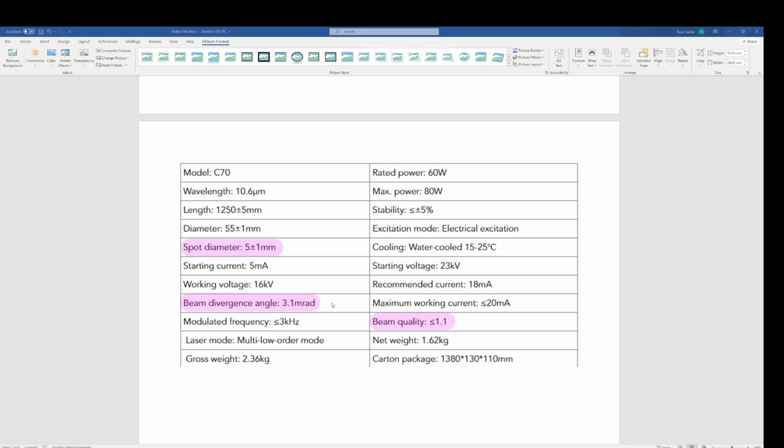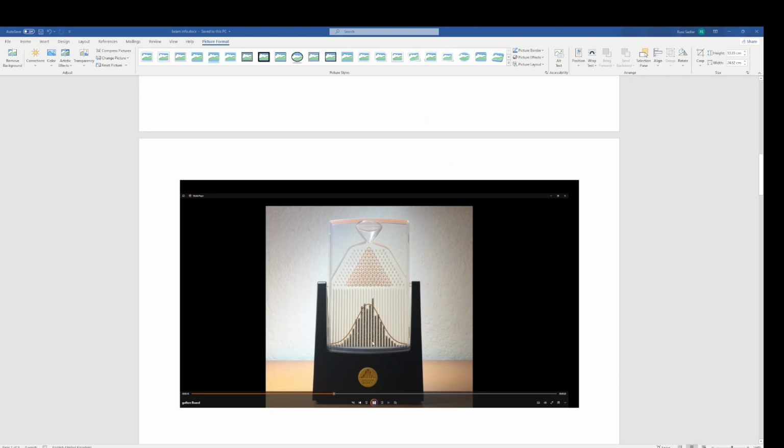The other thing is beam quality. In this case, they call the beam quality less than or equal to 1.1. What that really means is, here we see the Gaussian distribution, and we've seen this random generator, which produces a Gaussian distribution. Look, you can see that clearly this distribution from the ball bearings is not a perfect match for the Gaussian distribution.